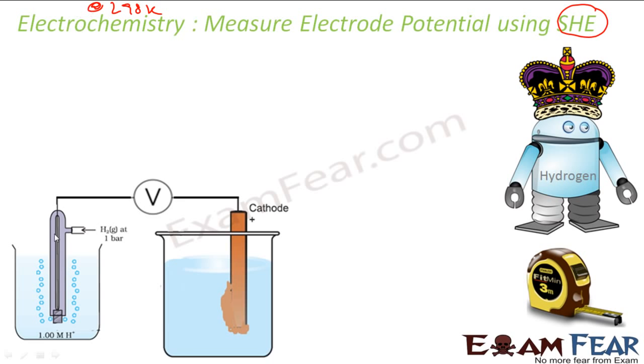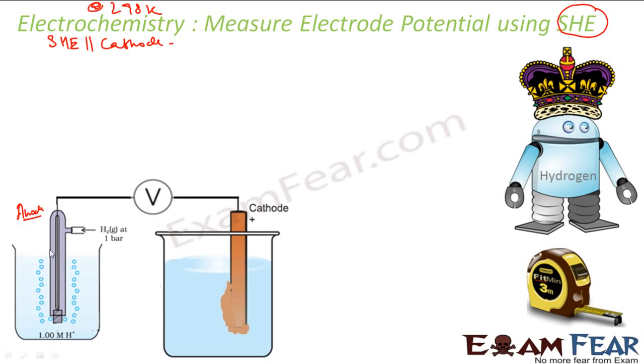This is my anode, this is cathode. So this will be the standard hydrogen electrode and double bar, and this I have my second half of the cell, that is my cathode.